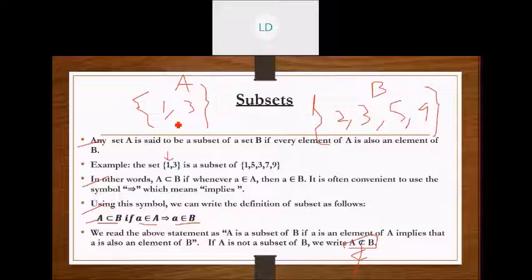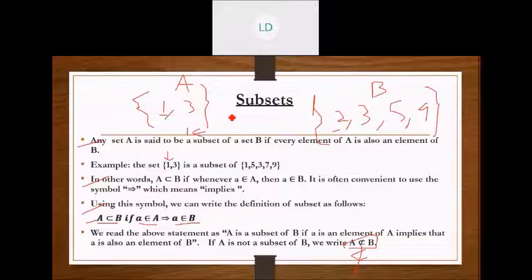It will become a subset if all the elements of A are there in B. Now, you take the element 1. 1 is there in A, but 1 is not there in B. Therefore, A does not become a subset.